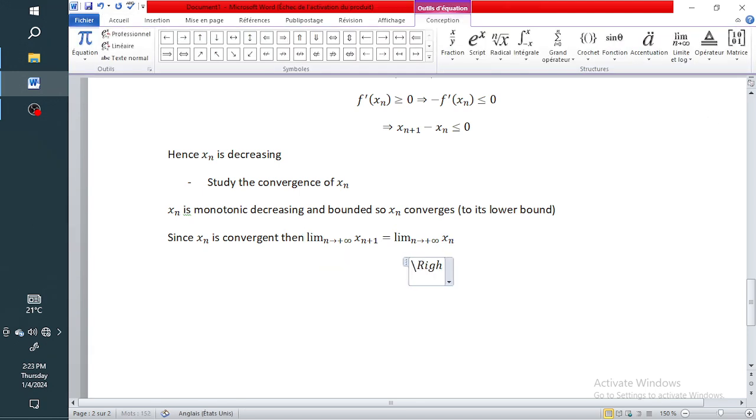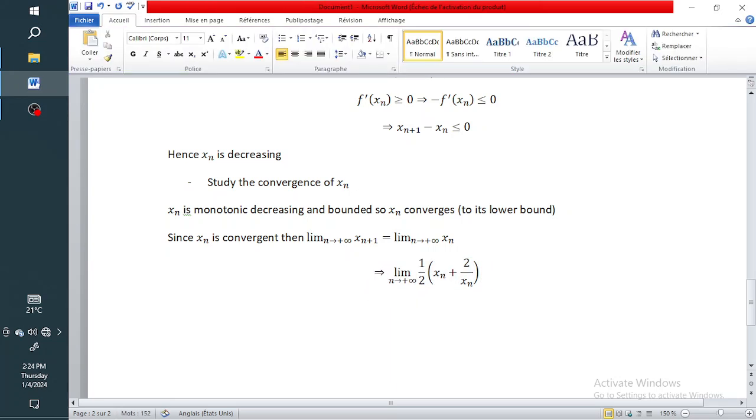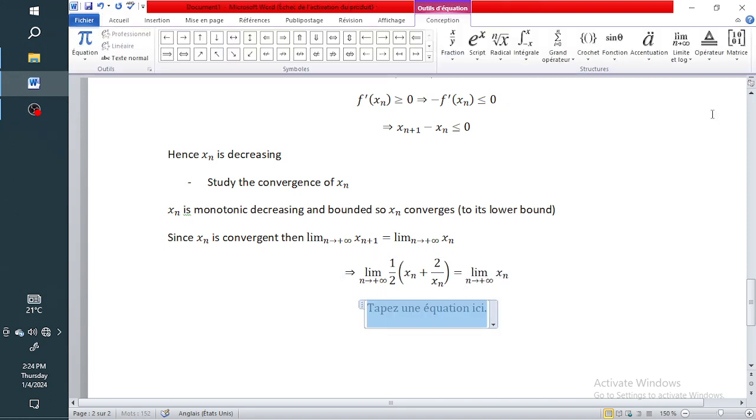So this means that the limit of x of n plus 1, which was half into x of n plus 2 on x of n, is equal to the limit of x of n. We could factorize a half outside, and then we are left with x of n plus 2 on x of n equal to the same limit of x of n.